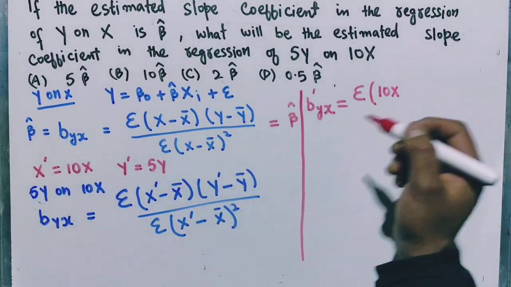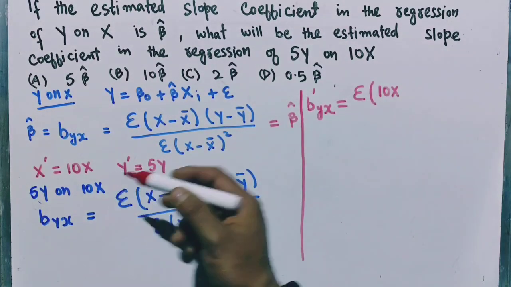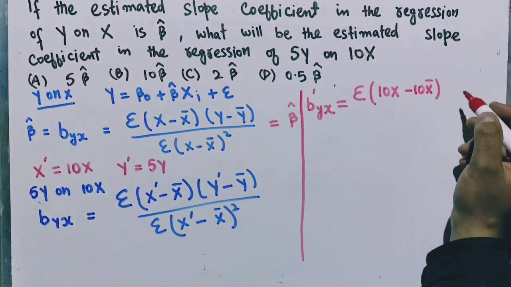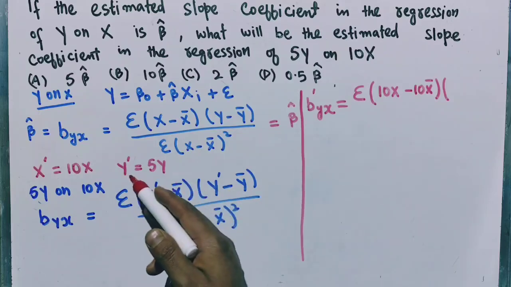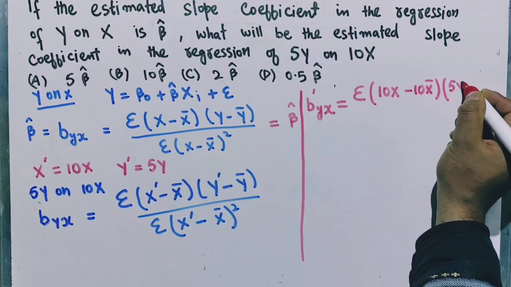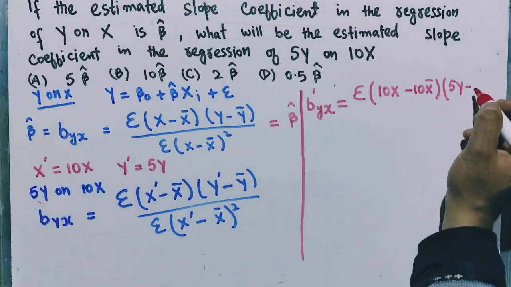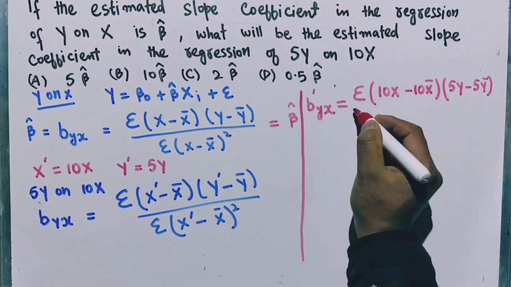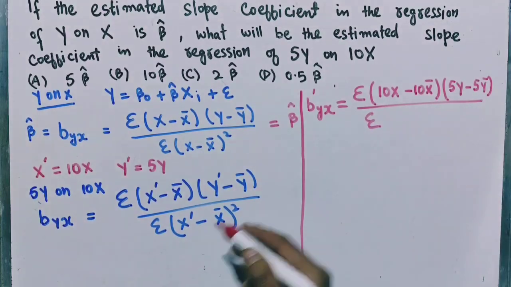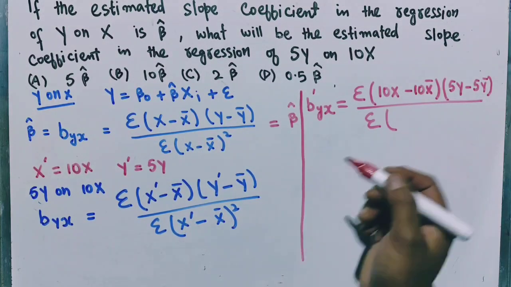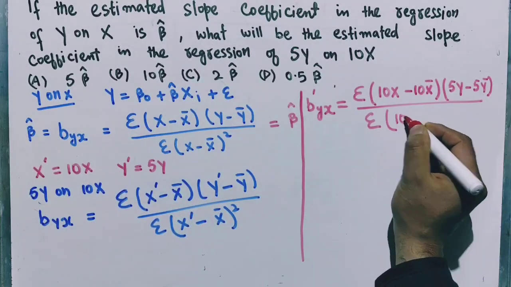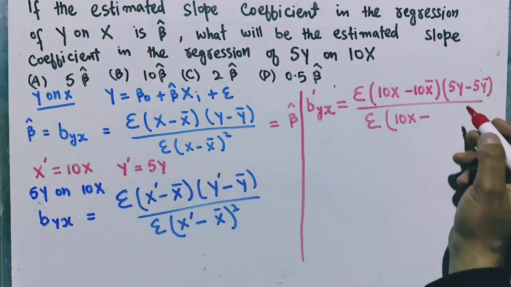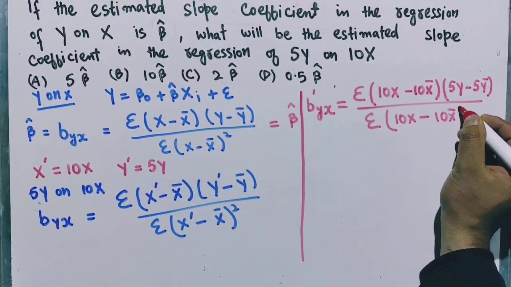So this will become 10x, that means we have minus 10x bar, times y prime, which is 5y, minus y bar, which will be 5y bar, divided by the summation of x prime, which is again 10x, minus, since x bar, that is the mean, has changed, 10x bar here.